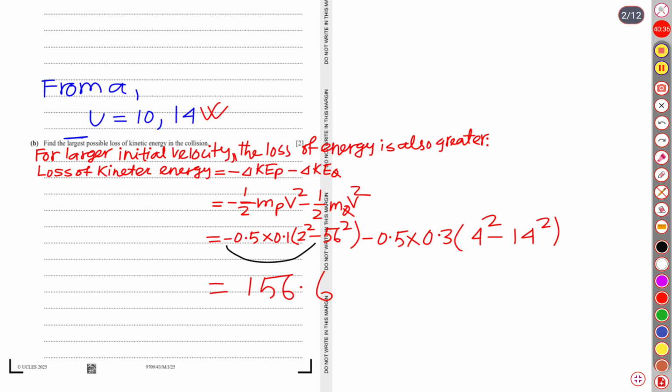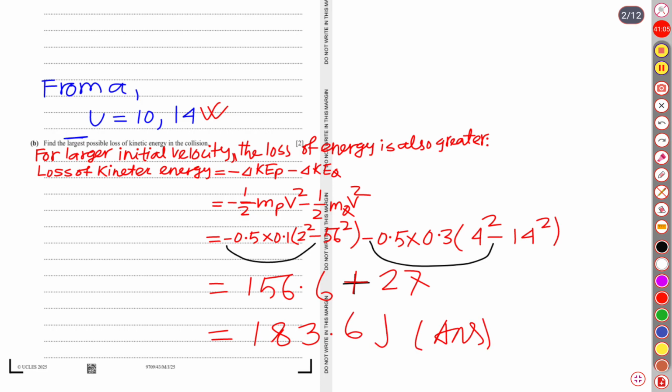And here also the sign is negative, so it is going to be positive. If we multiply 0.15 into 180, it is 27. If we add up these two quantities, it is going to be 183.6 joule, if we round it up to three significant figures.